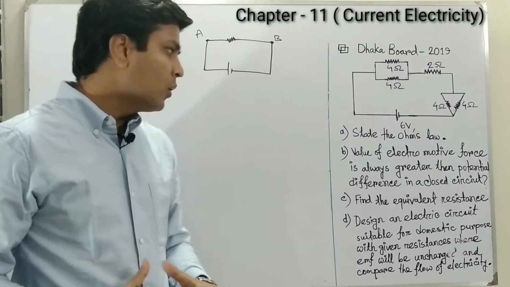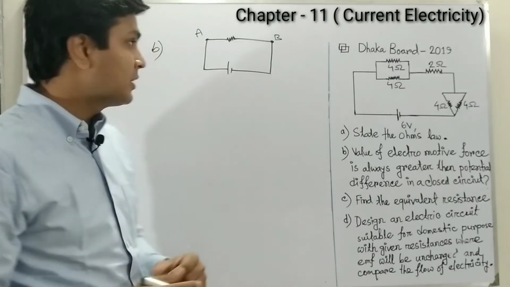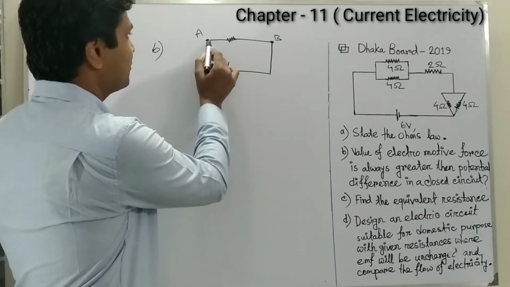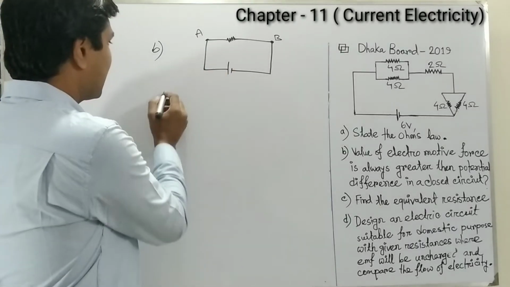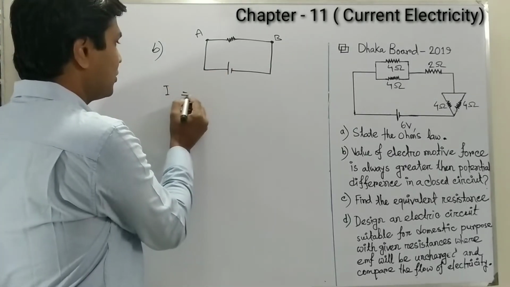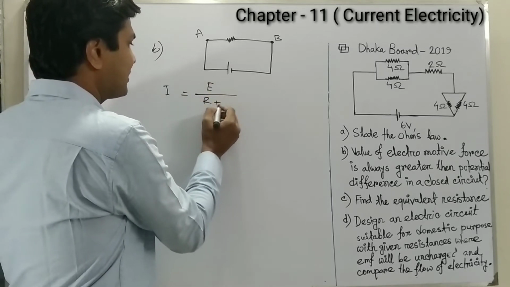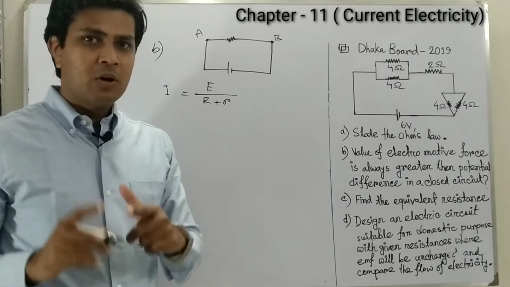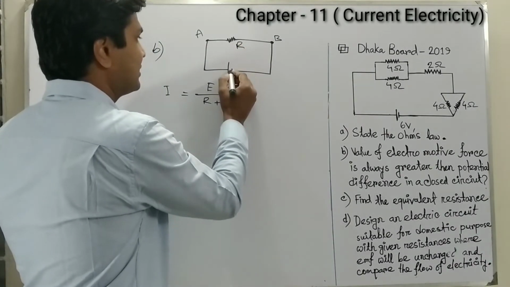Now let me tell you why the electromotive force is greater than the potential difference. If you want to carry the positive charge from A by traversing the whole circuit, then the current will be I equal to E divided by capital R plus small r, because of the external resistance R and the internal resistance r inside the cell.